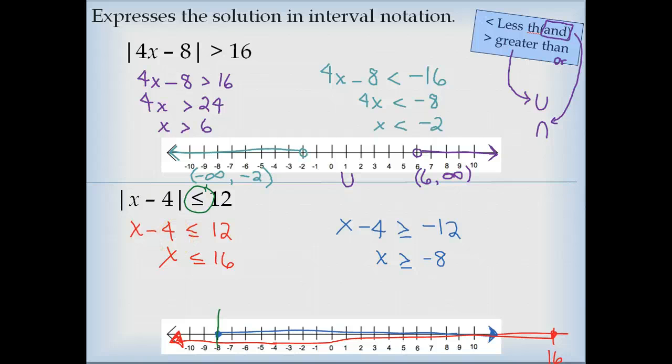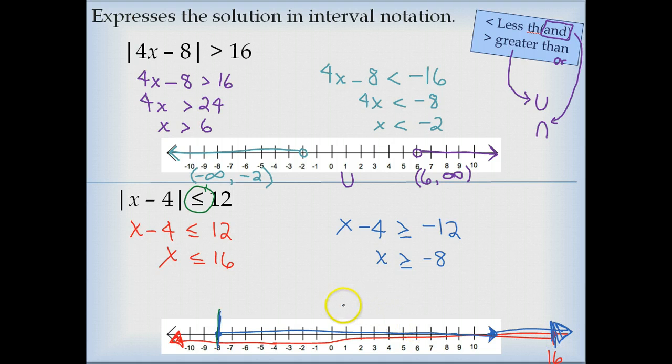Okay, let's go back and look at this one again, because I didn't have my 16 on there when I did that. This actually would keep going, right? All these numbers over here still. So you can see that the blue line and the red line both cover all the numbers between -8 and 16. So that's my answer here, from -8 to 16.